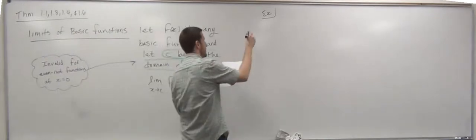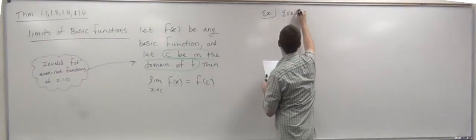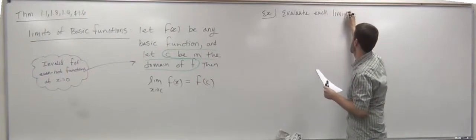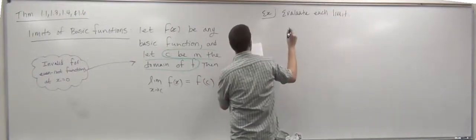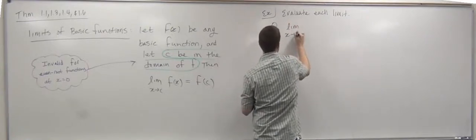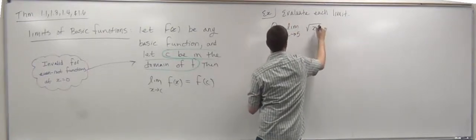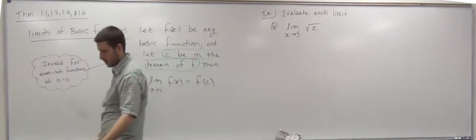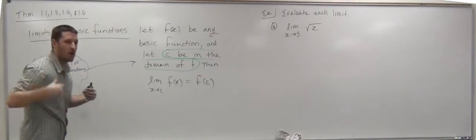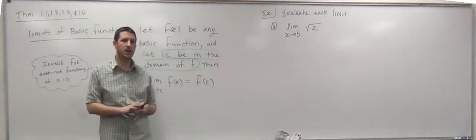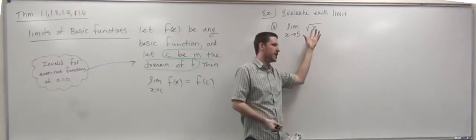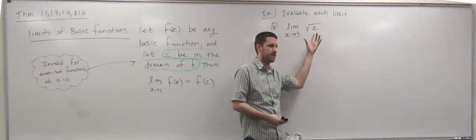So evaluate each limit. The limit as x goes to 5 of root x. Before, in section 1.2, the logic was, well, if I can plug it in and it makes sense, then just plug it in.